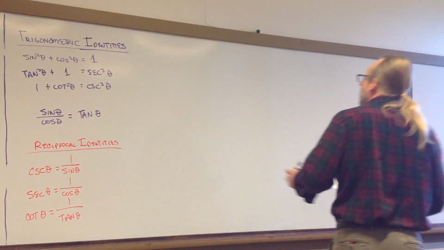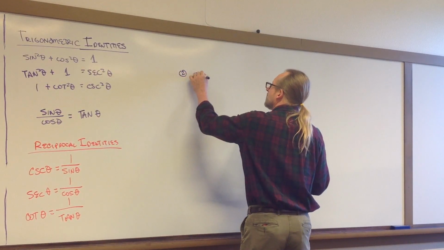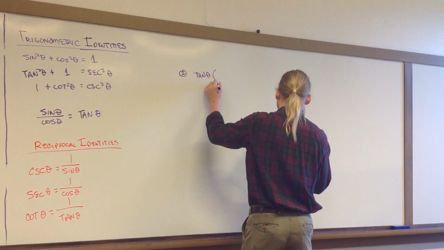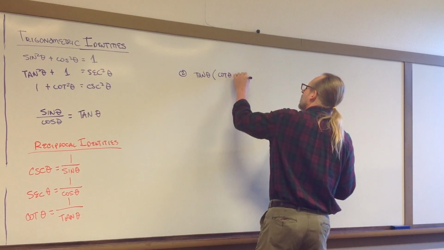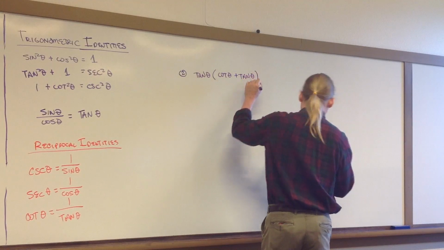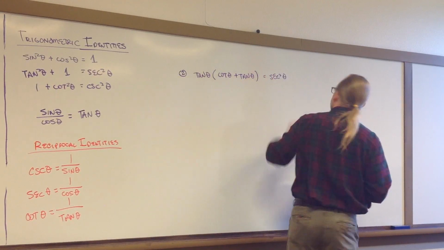So first off, in problem 2, we've got tangent theta times cotangent theta plus tangent theta equal to secant squared.